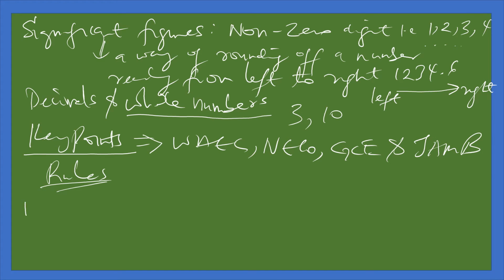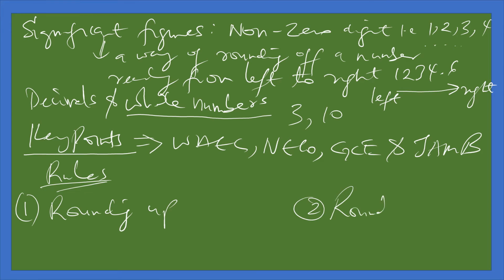Now, the first rule is this. We have what we call rounding up, and we also have rounding down of a number.